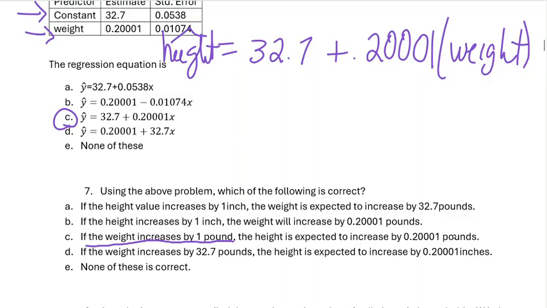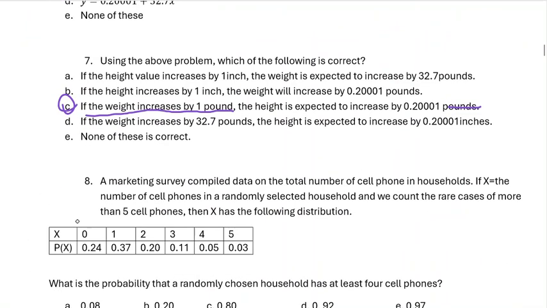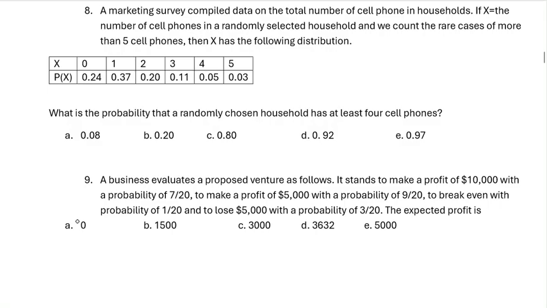I have a typo in there. This one should say inches, but the answer is supposed to be C, but you know how I can't type or anything. But a marketing survey compiled data on cell phones in households.